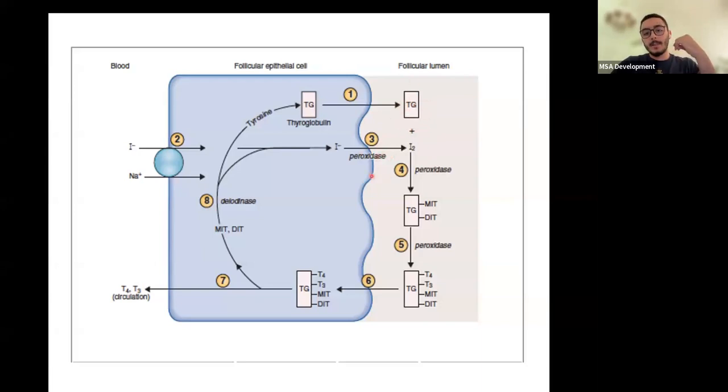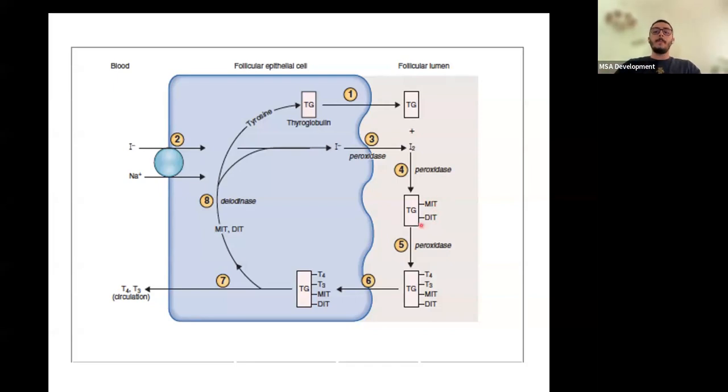Then we had peroxidase adding the oxidized iodine onto the tyrosine on the thyroglobulin to form MIT and DIT, or MIT and DIT, or both. Just memorize them as MIT and DIT, and in the coming slides we will explain what they are step by step. I'm explaining it here on one figure so that you can imagine it all in your mind.